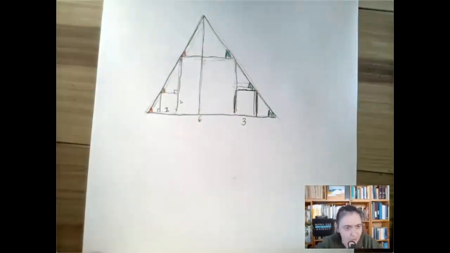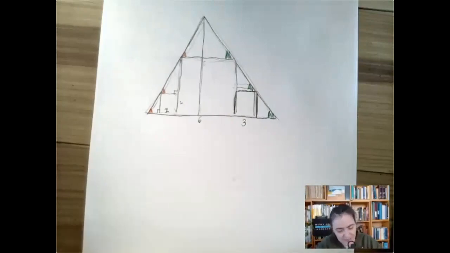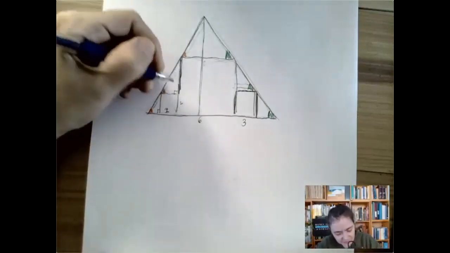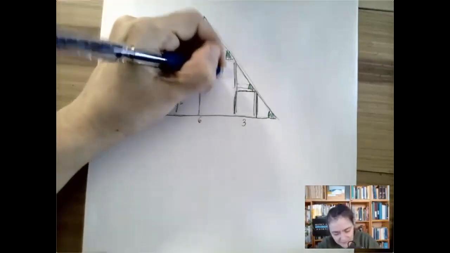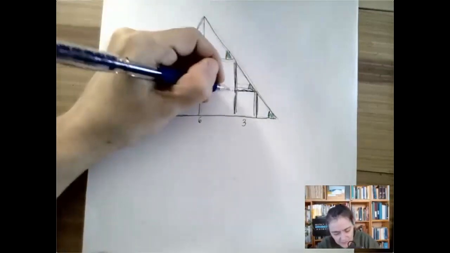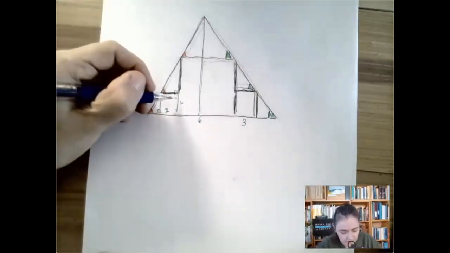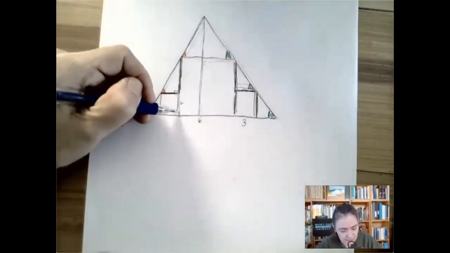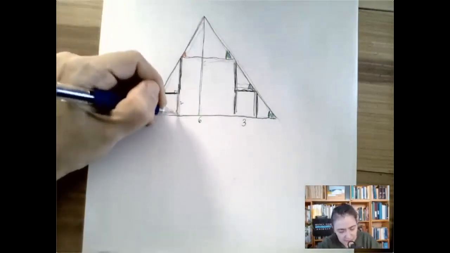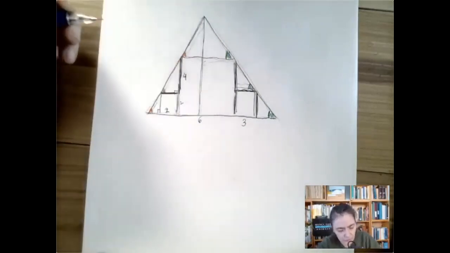And now we need to know something more. And the key is this triangle, and the same triangle, this triangle here. That's going to be the key, because if the whole vertical side of this big square is 6 and this here is 2, that leaves this to be 4.